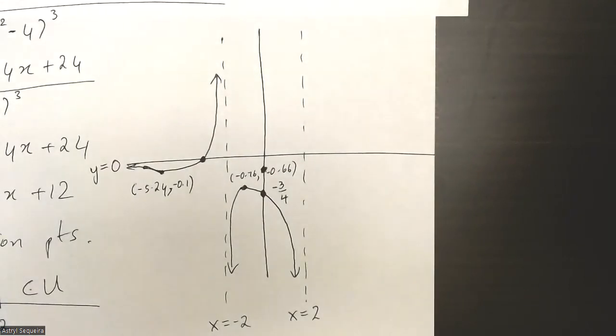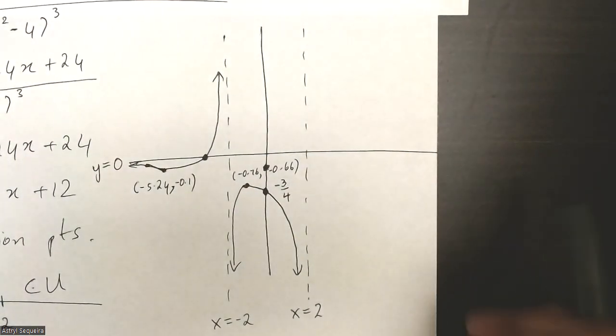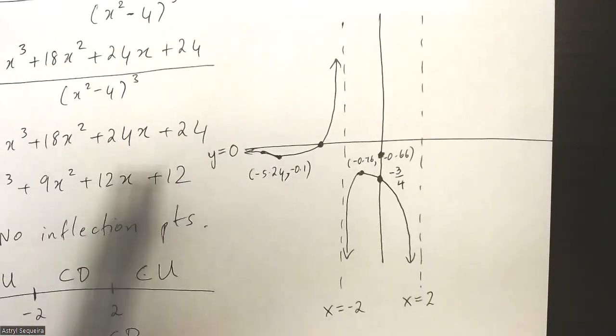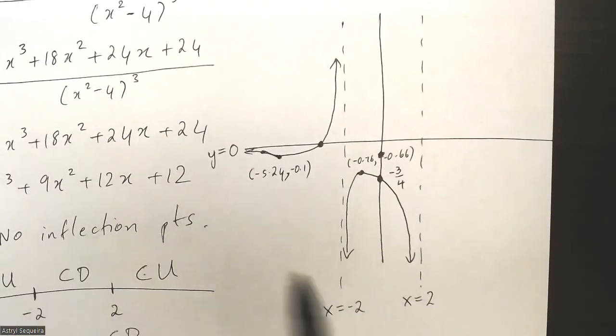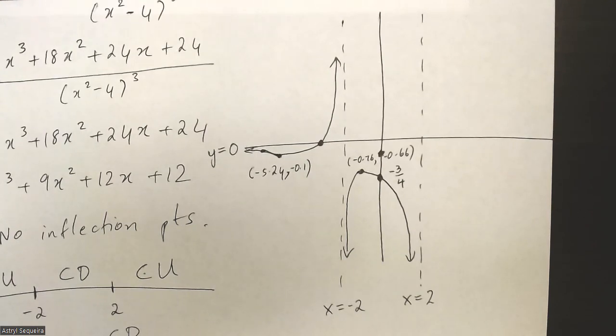There has to be an inflection point because it's changing concavity, but it's very hard to determine this inflection point from this cubic equation over here because it's very hard to actually factor and get the right value. But I can put it in Desmos really quick and see whether my inflection point is a whole number or not.